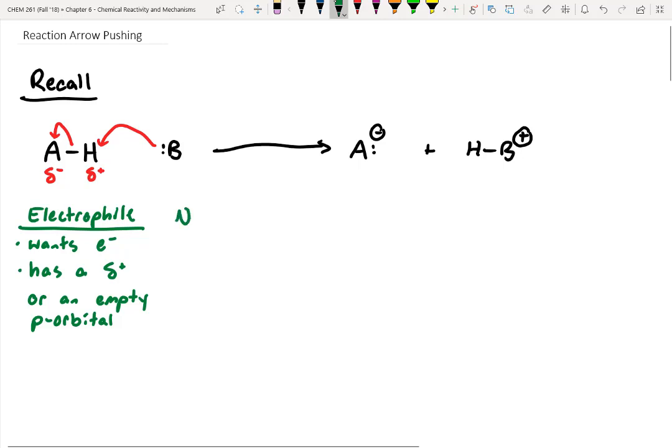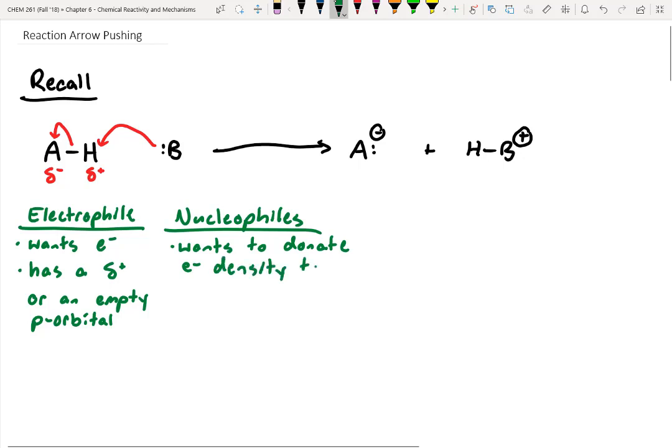Nucleophiles are a little bit different. Nucleophiles would be something like a base where it wants to donate electron density to a partial positive, I should say partial positive, full positive, or p orbital.